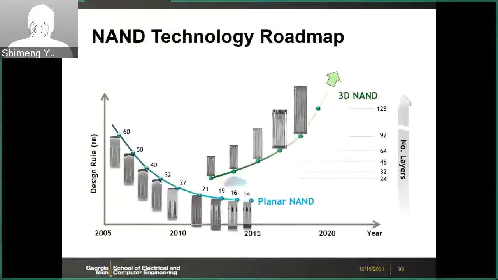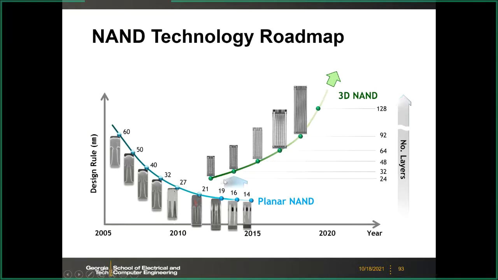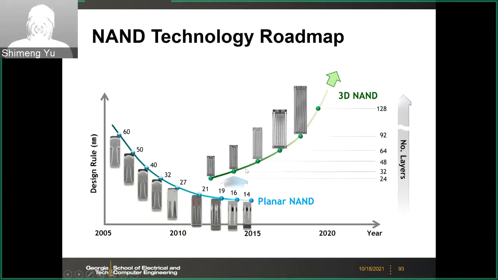Okay, so then let's talk about the 3D NAND flash. As we discussed, the 2D NAND scaling has slowed down and then eventually stopped around the 14 nanometer node. And at the same time, in like 2013, 14, 15, the 3D NAND flash started being introduced into the market.